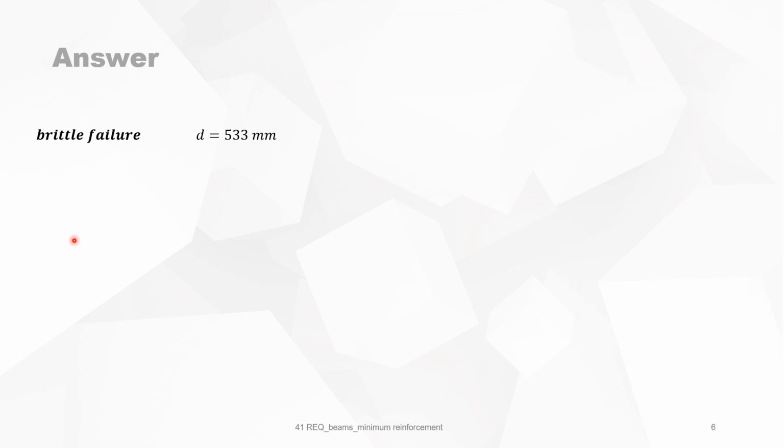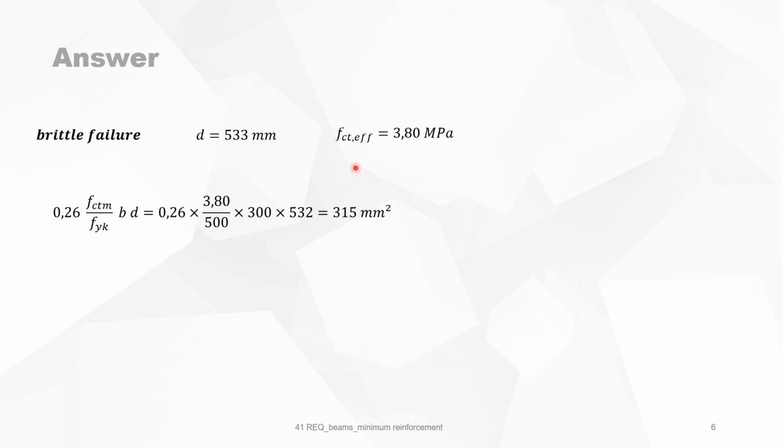Then for brittle failure, the effective depth we have seen is 533 for a diameter 14. Fct,eff was 3.8. So the brittle failure formula, we can fill it in, and we have 315 square millimeters. But the absolute minimum is 0.13% of the section, and we arrive at 208 square millimeters.